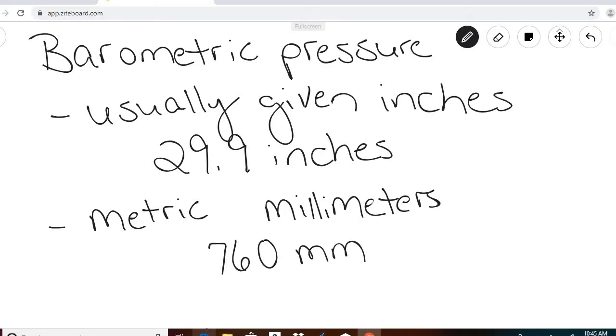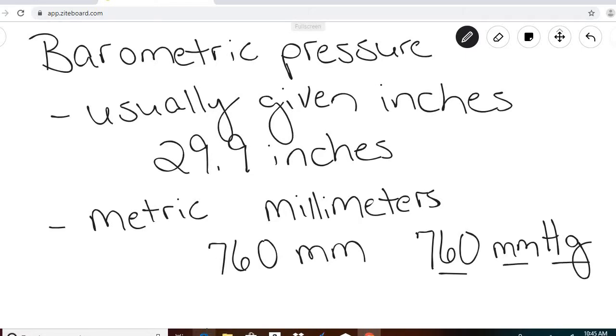And so usually the way you will see this written is 760 millimeters, and then the symbol for mercury. So 760 millimeters of mercury is how far in the barometer tube the mercury would rise at an average barometric pressure.